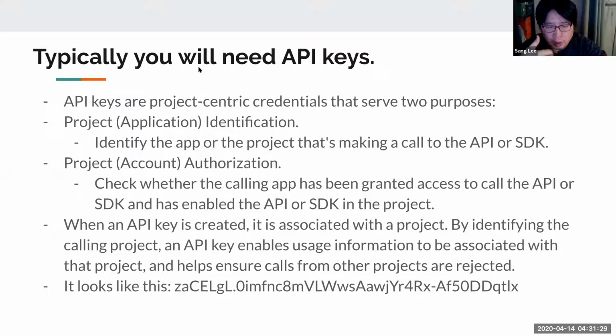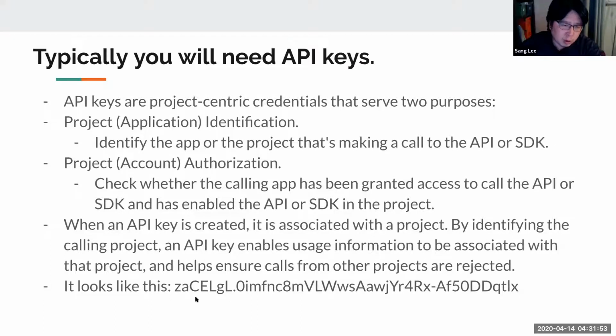So when an API key is created, it's typically associated with a project, and the companies will keep track of network traffic and the amount of usage, so that they can have your app in control.